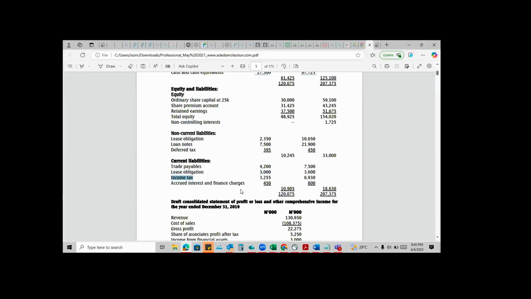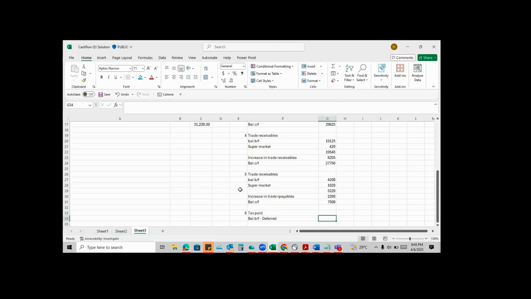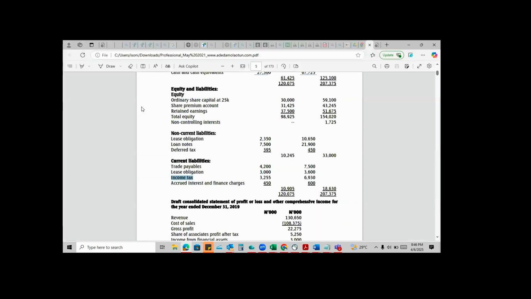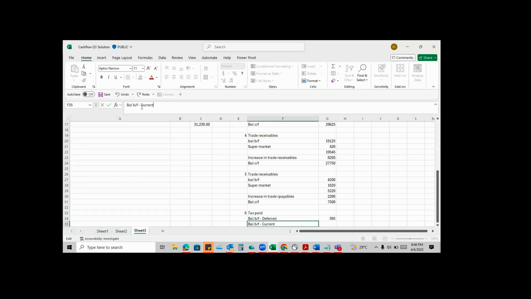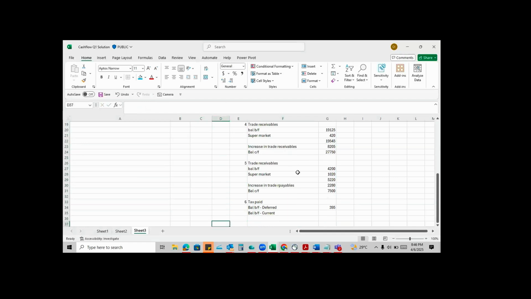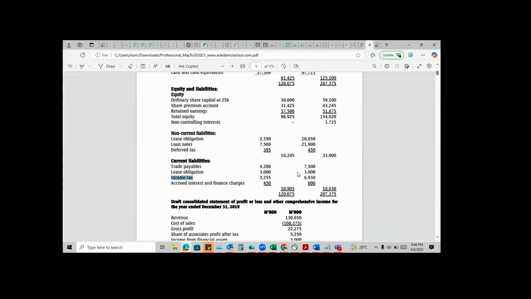It was 395. Balance brought forward for current was how much? It was 3,255. Now we must have had movement during the year.